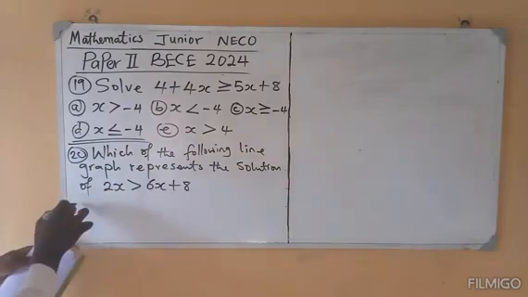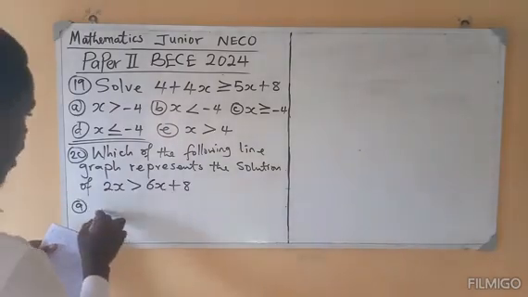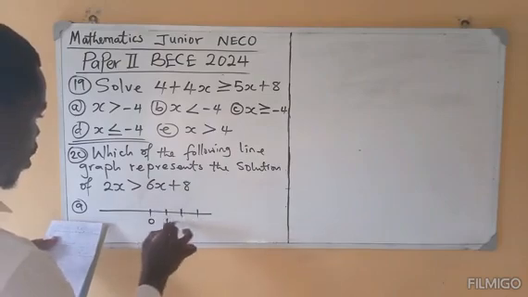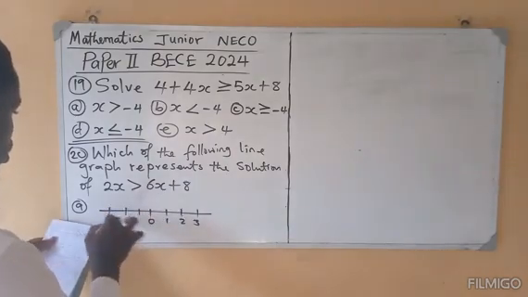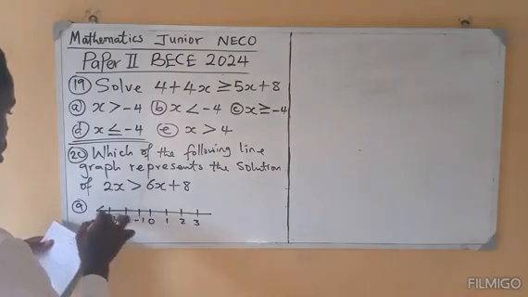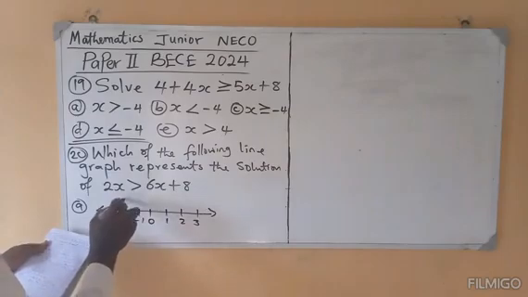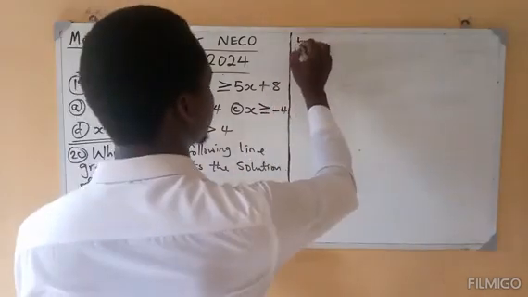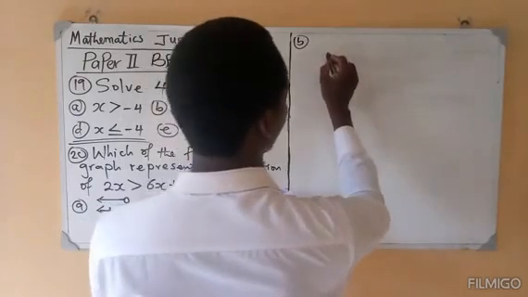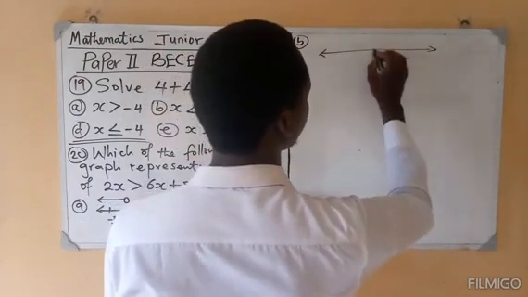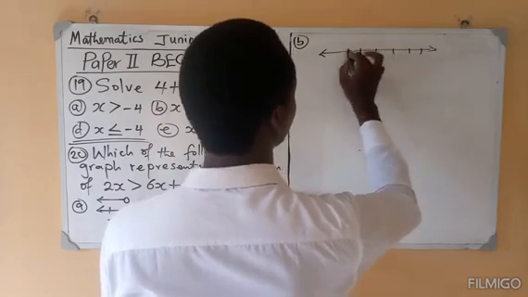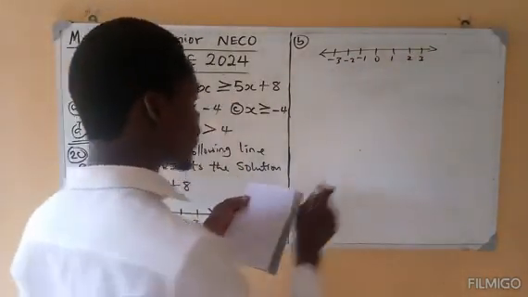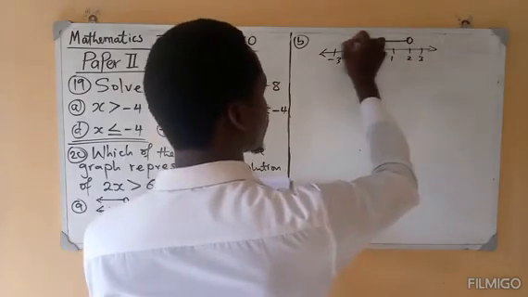The options given: we have a line graph with 0, 1, 2, 3 and minus 1, minus 2, minus 3, and we have this to be option A. B, we have the line graph from 0, starting from 2.